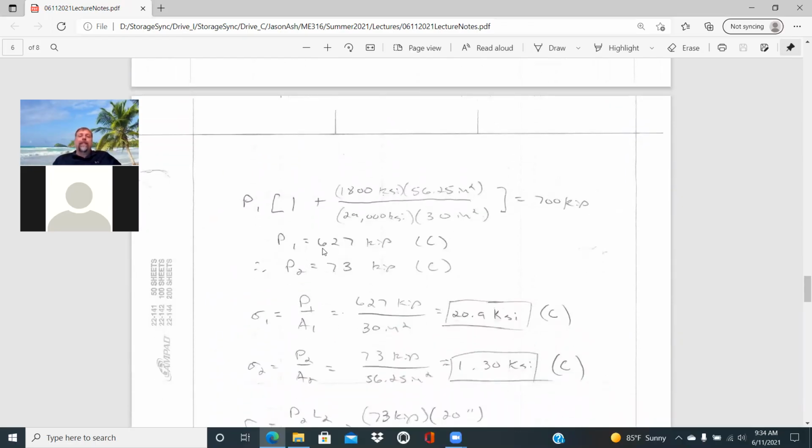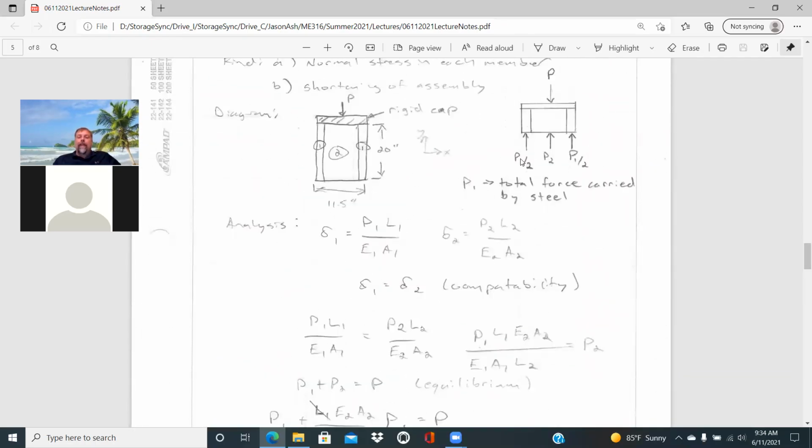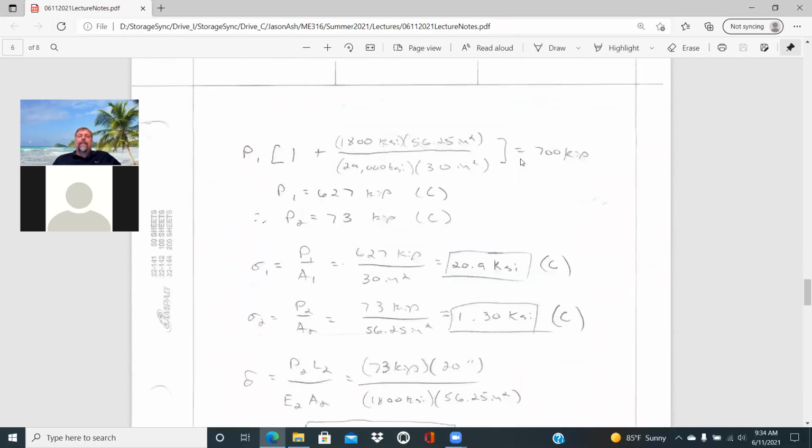That'll come out as a positive 627 kip, but based on the direction we drew the free body diagram, we know that's in compression. And I think that's the main benefit you receive from that initial assumption that those members were in compression: you didn't have to worry about signs as you're going through your equilibrium and compatibility relations.